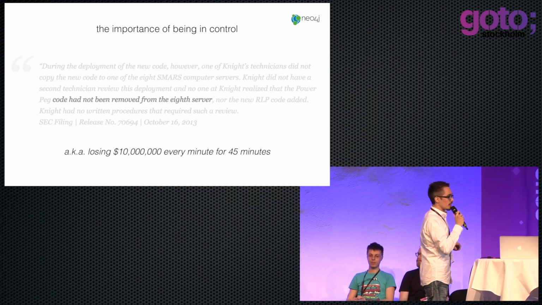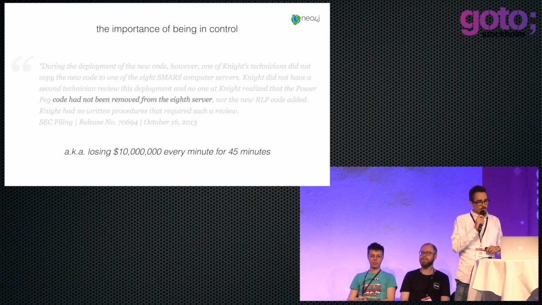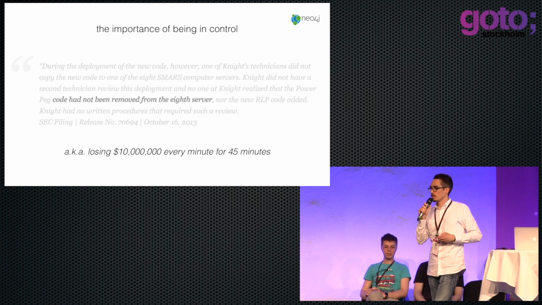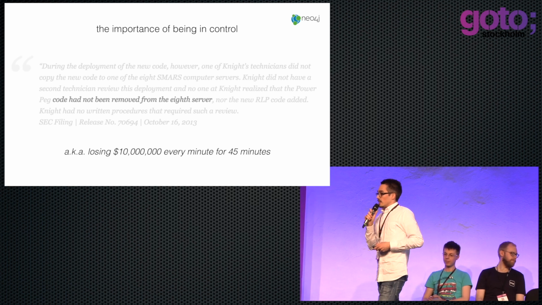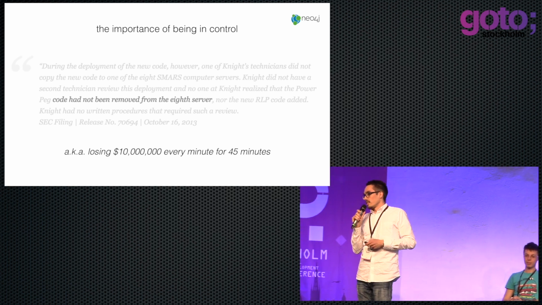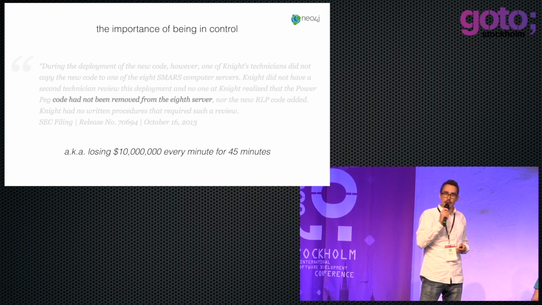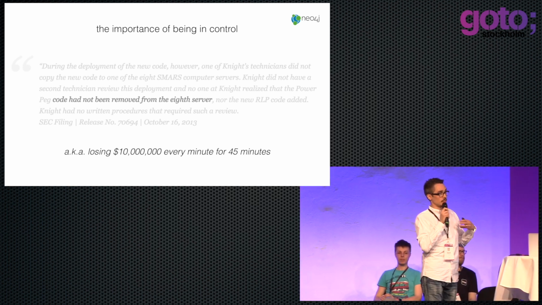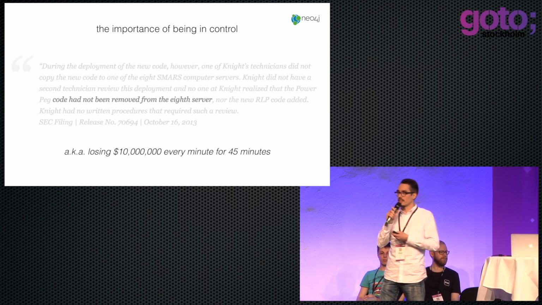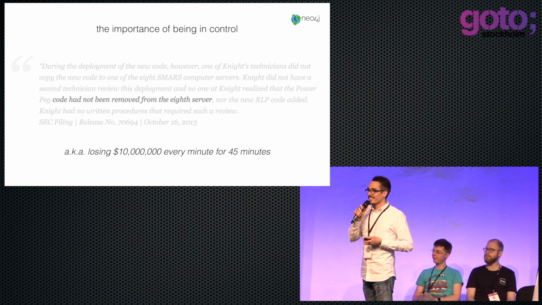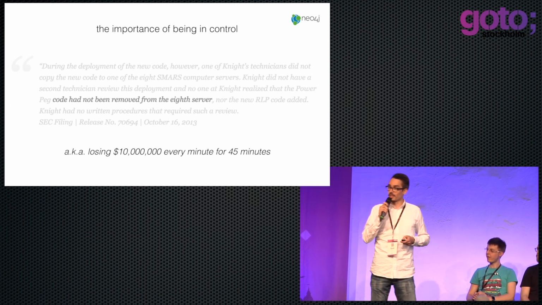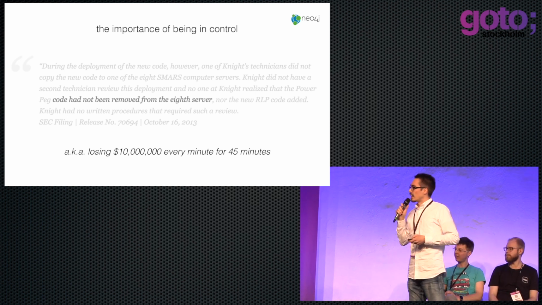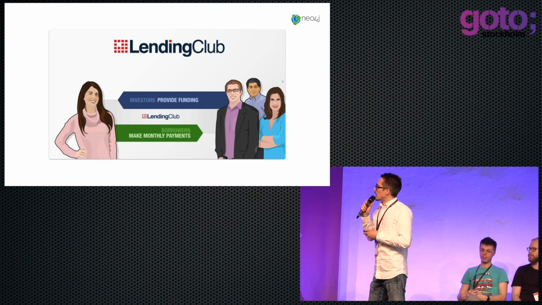Let's recall this scenario that occurred a few years back with Knight Capital Group, where a deployment engineer forgot to deploy an update to the 8th server in their cluster. That ended up doing some high-frequency trading in a not-so-good way, such that they lost about $10 million every minute for 45 minutes. Not so good. So you want to keep track of your environment.